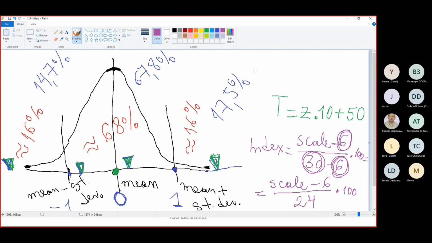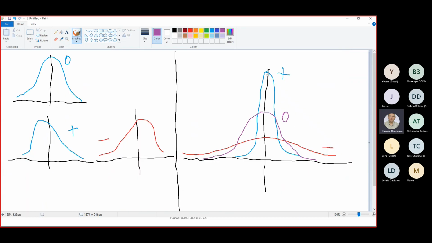But if the percentage here is less than 68%, that means this majority is not so big, and this makes the norm somehow problematic.